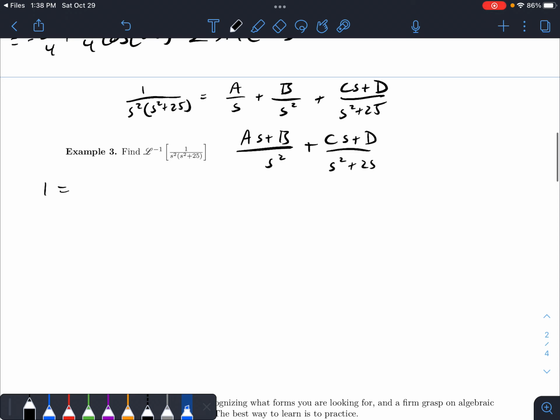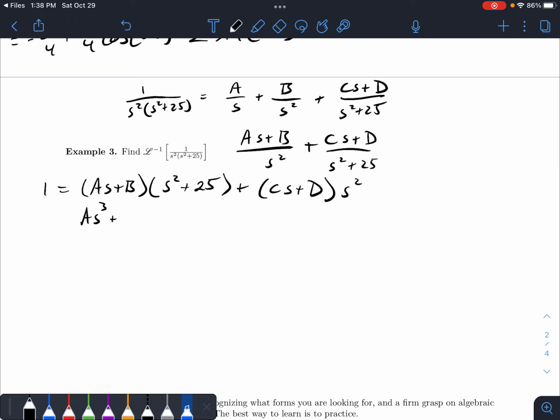Okay, so this tells me that multiplying through by everything, I'll get 1 is equal to (as plus b) times (s squared plus 25) plus (cs plus d) times s squared, and then I just need to multiply through.